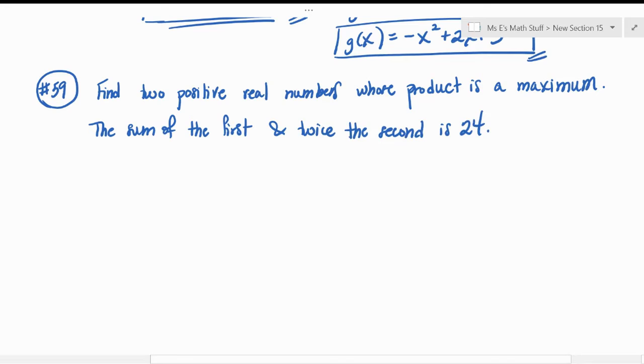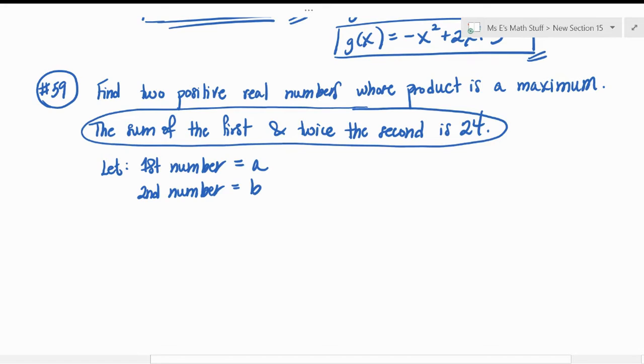I suppose you could guess and check this. You could come up with a bunch of numbers that satisfy this sum requirement, then multiply them together and figure out which one has the biggest product. That may or may not go quickly, so I'll show you an algebraic way to do this. Let the first number be A and the second number be B. The constraint is that the sum of the first and twice the second is 24.